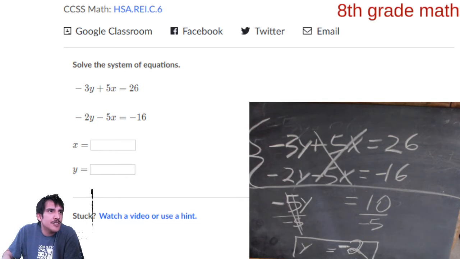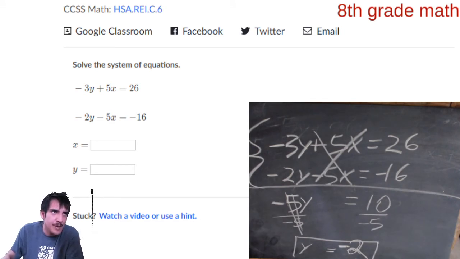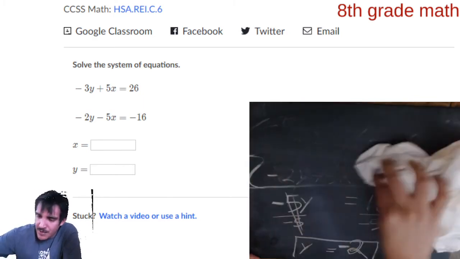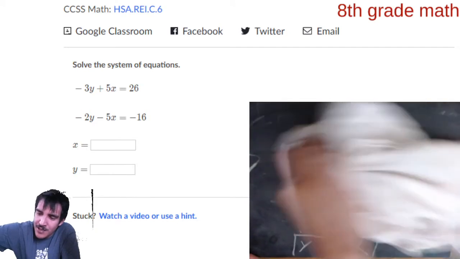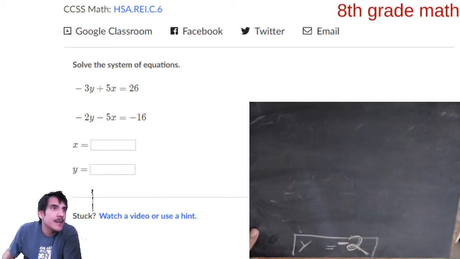So let's try, I guess we should just try the first one, okay? Hopefully you've copied down this work so far. Please make sure you've copied it. Pause it if you need to, because I am about to erase, all right? Erase, erase, erase. So far we have gotten the answer of one variable, which is y equals negative 2, right? Very nice.